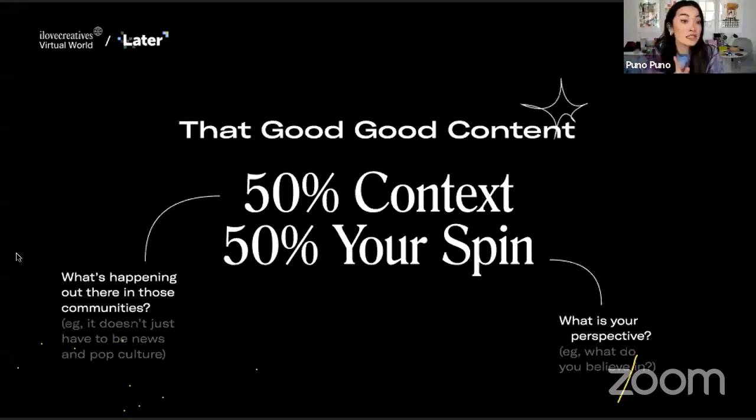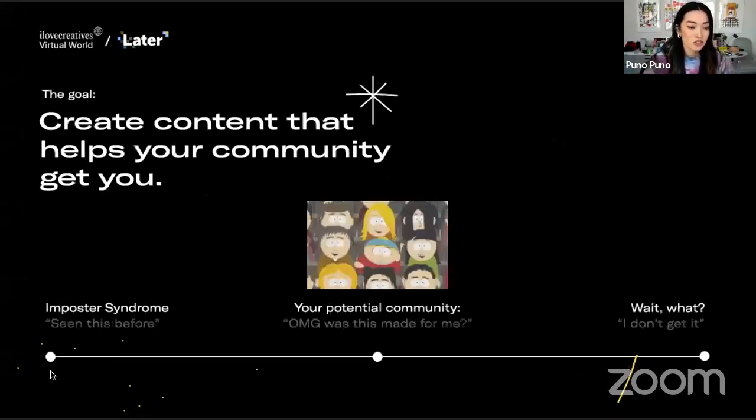And then my spin is, what do I do with that? What do I think about that? How do I think people are going to change? I just kind of said it right now, but that's what you're always looking for: that magic of context and spin. So the goal here is to create content that helps your community just get you.